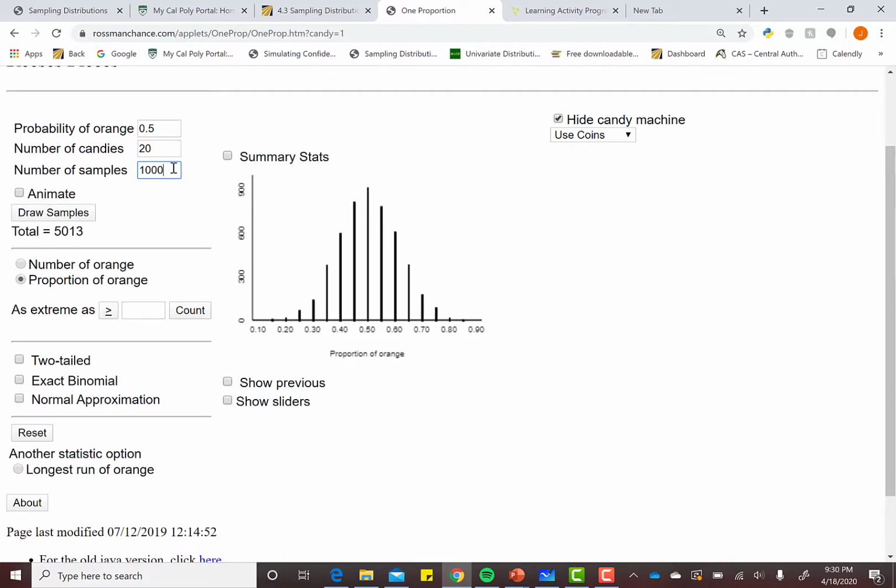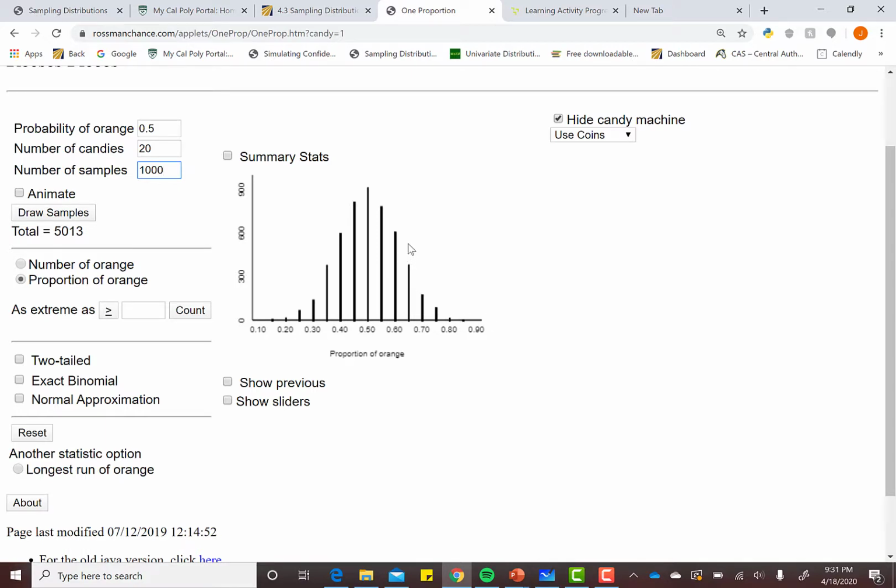What we'll notice is we started with a categorical variable. They were orange or they were not orange. But a sample proportion is a numeric variable. It has a value. And what we'll notice is the distribution of these sample proportions seems to follow a normal distribution. It's following this bell-shaped curve.